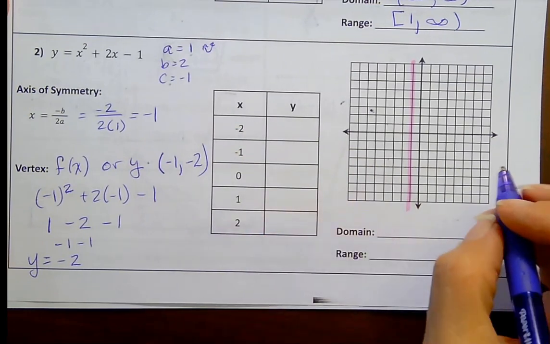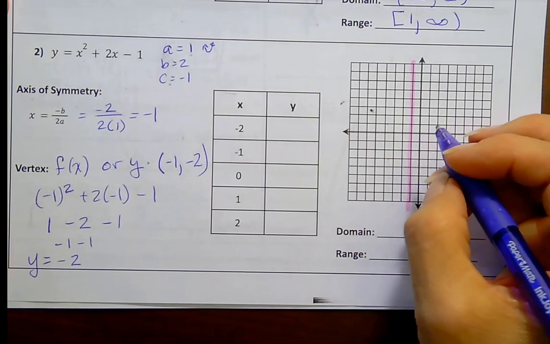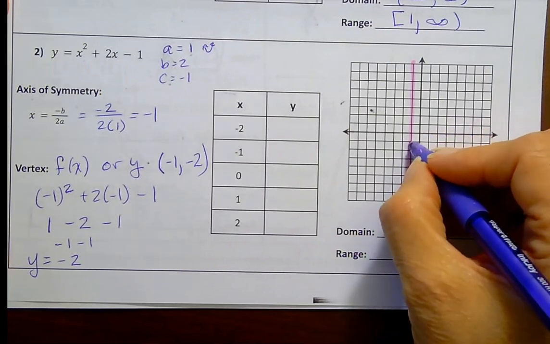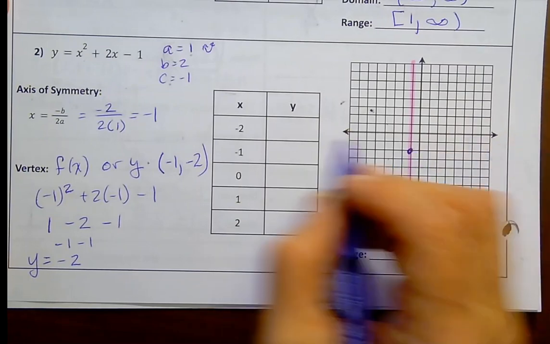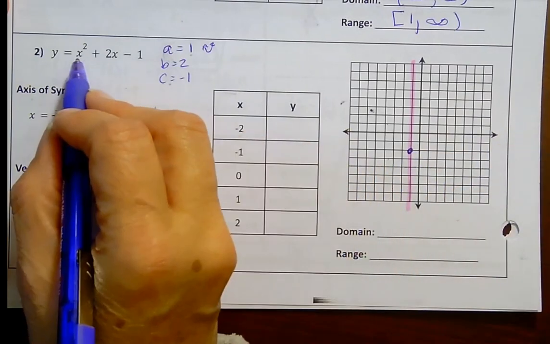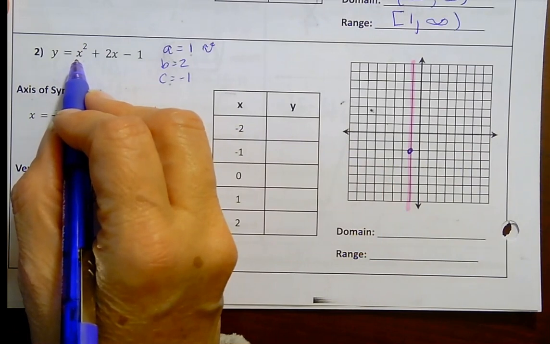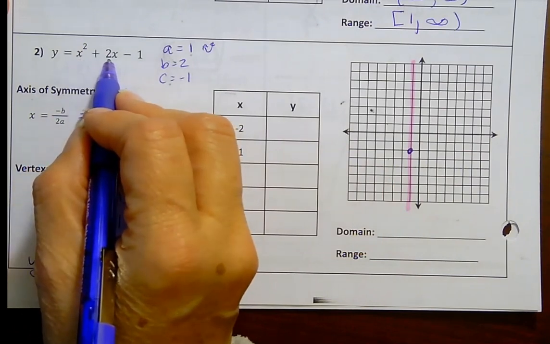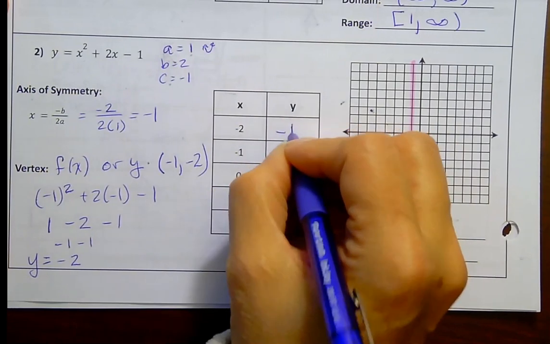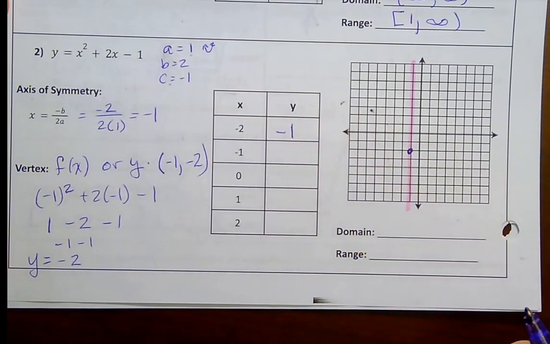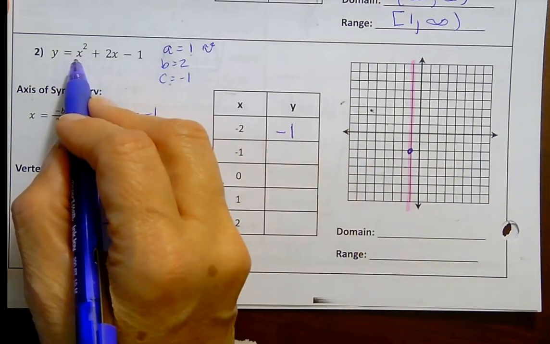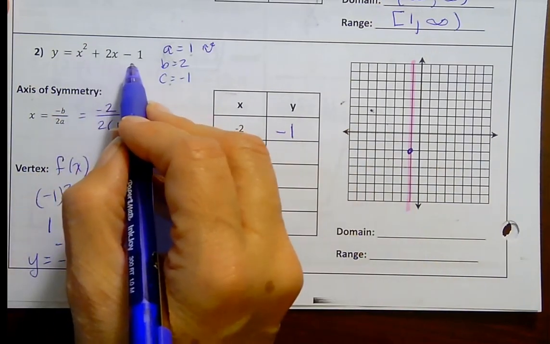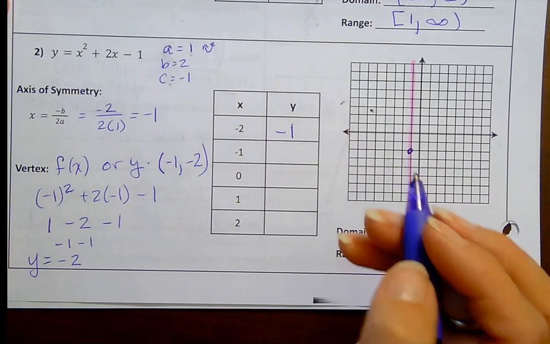So let's plug in my vertex at negative 1, negative 2. All right? If I plug in negative 2 up here, negative 2 times negative 2 is 4, plus negative 4, 0, minus 1. If I plug in negative 2, I get negative 1 as my answer. If I plug in negative 1, I get negative 1 squared is 1. 1 minus 2 is negative 1, minus 1 is negative 2.